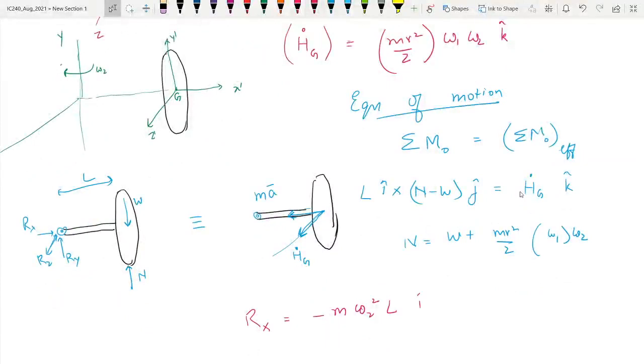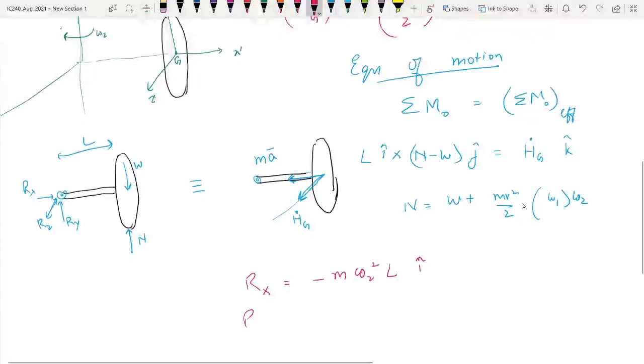So this will be minus i cap, and Ry is going to be minus of mr square by 2 into... minus of, so if you simplify this expression, it will be mr by 2 into r by L whole square into omega 1 square j cap.